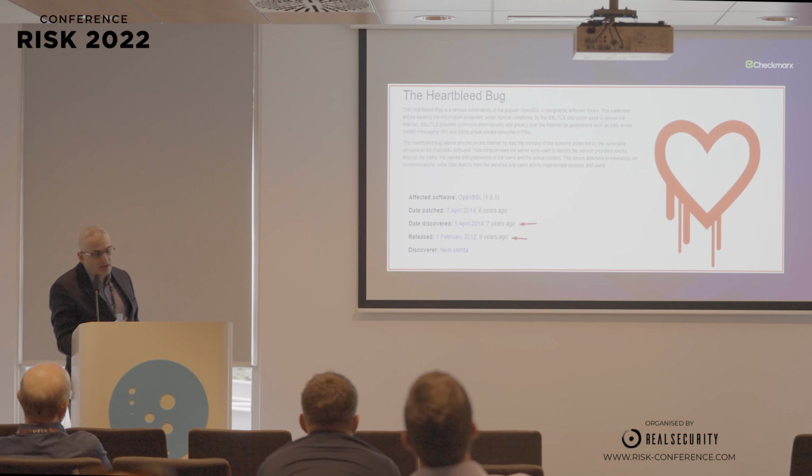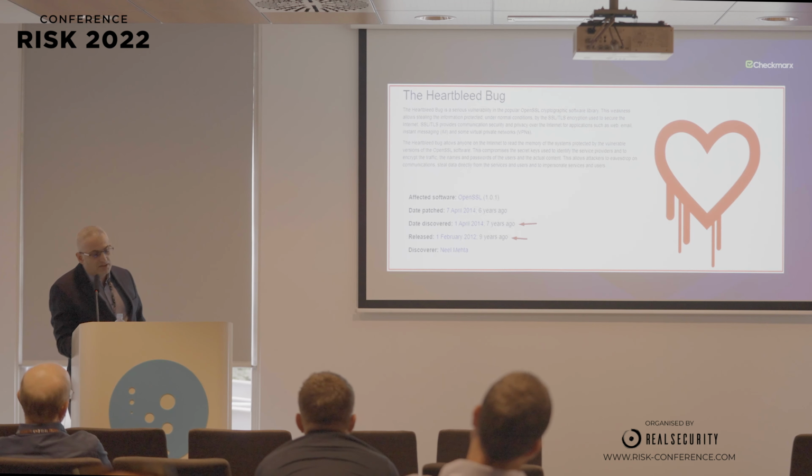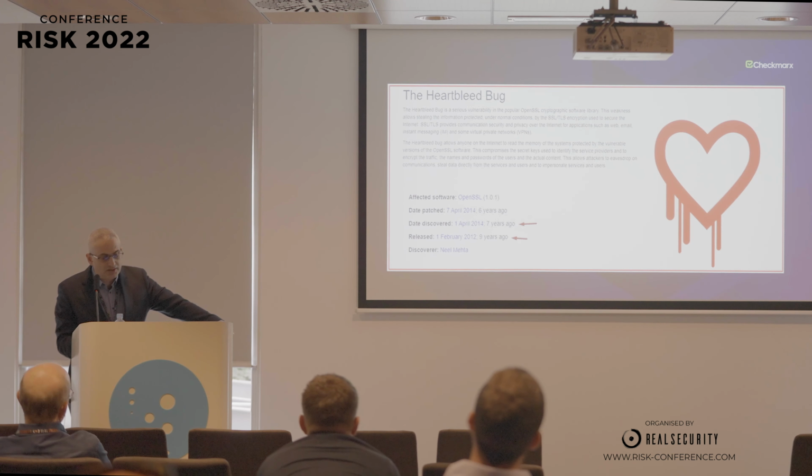During those 2 years, this vulnerability was available for attackers, and it existed in open source cryptographic software. It's a holy place for each security officer, and it took 2 years to detect it.